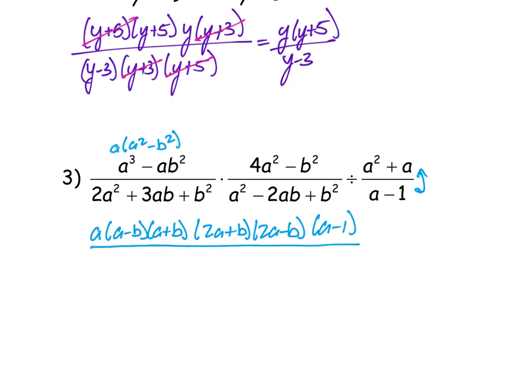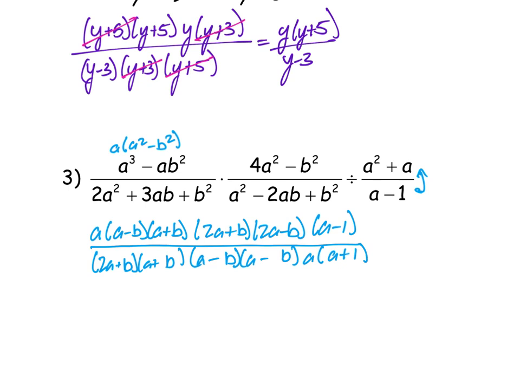And then the bottom is going to factor to, let's see, 2a and b, and they're both plus. Okay, plus and plus. And then the second trinomial factors to a and b, and they're both minus this time. And then I'm going to factor an a out and get a plus 1.